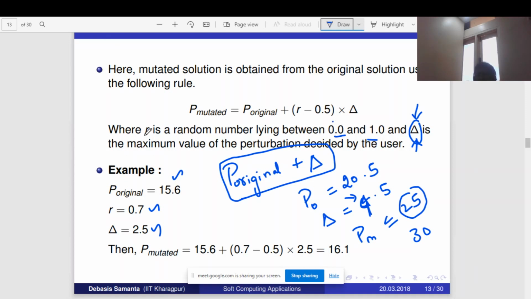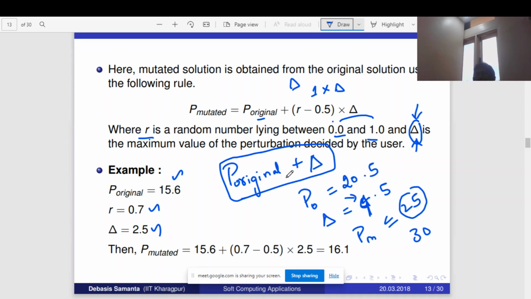So the maximum value R can take is 1. What is 1 into delta? Delta. So the maximum value P mutated can take is P original plus delta. Are you getting it?